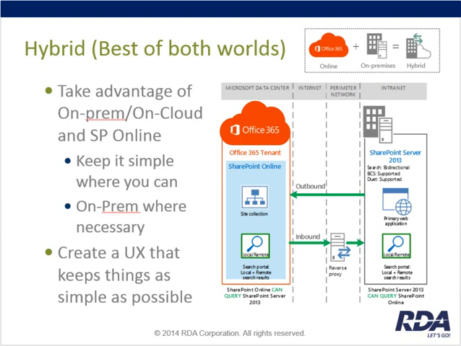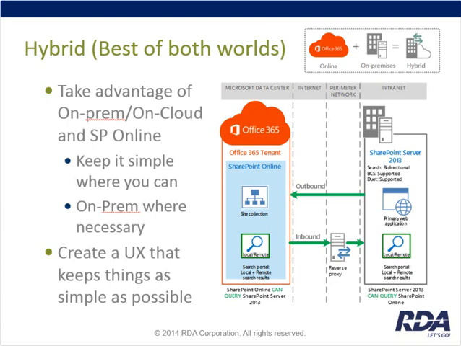The first one, as you see on the screen at the top, illustrates the outbound hybrid topology, and that basically allows for internal consumption of external content. For example, if I had an extranet that I hosted within SharePoint Online, and then I had an internal portal that was an on-premises version of SharePoint Server, I could search internally on my SharePoint Server and get results from the SharePoint Online extranet.